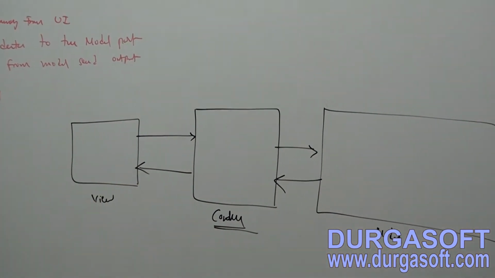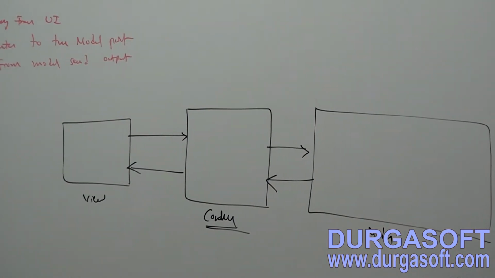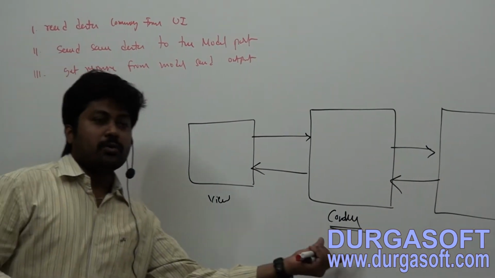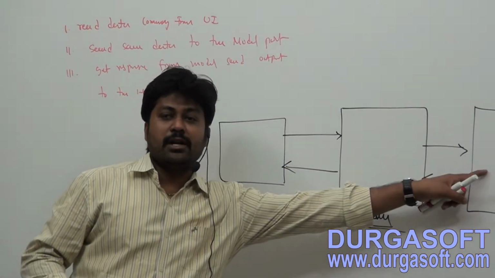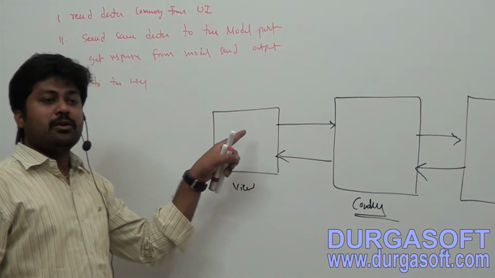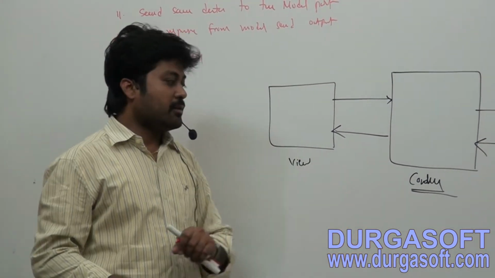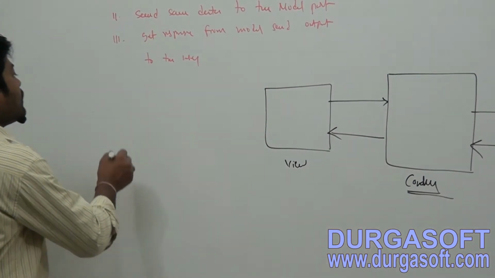So to write controller operations in Struts, there are 5 classes. To write read operations, to send data to the model, to get the response from the model, and to send output to the UI, we have 5 controller classes. What are those?